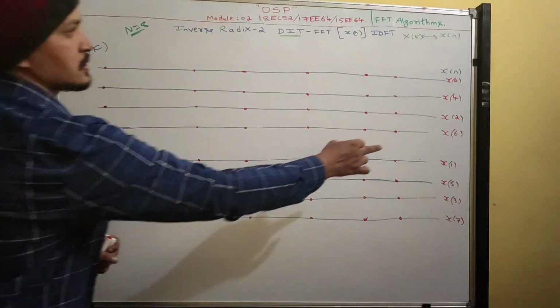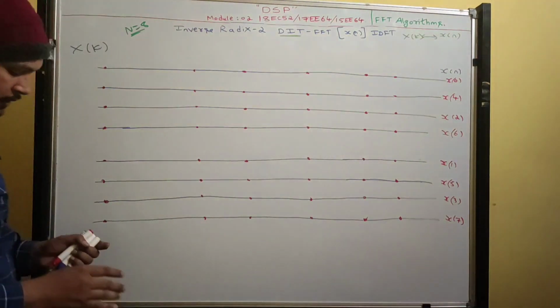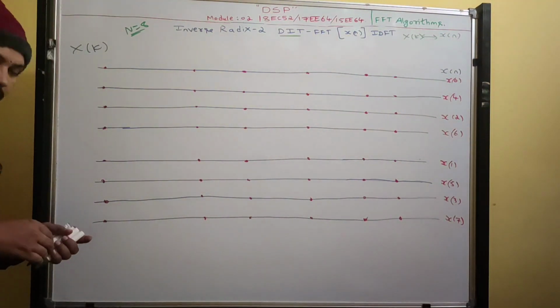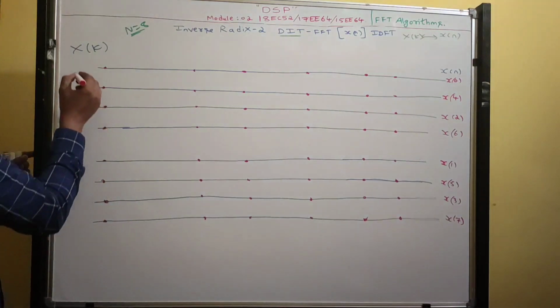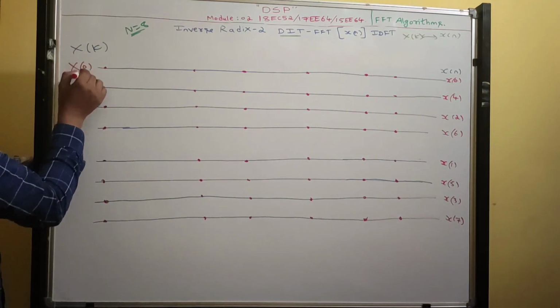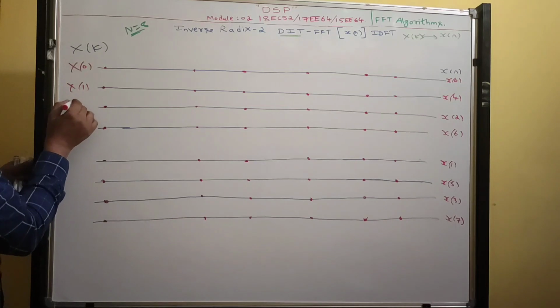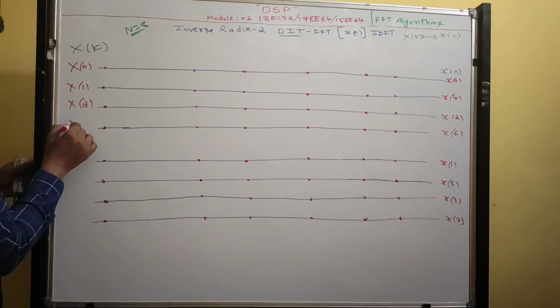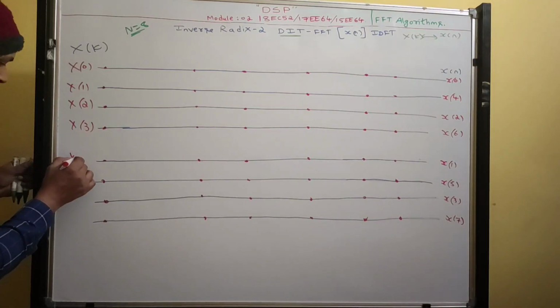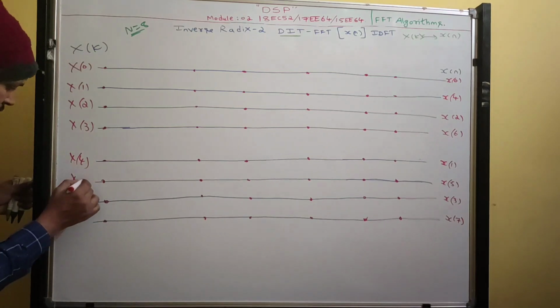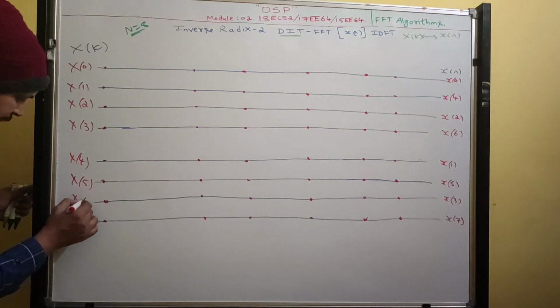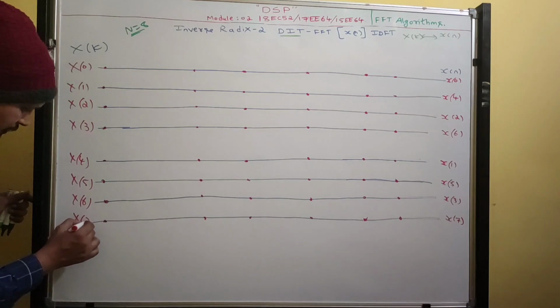That is because of decimation in time. Then what about x of k? It is in normal order. x of 0, x of 1, x of 2, x of 3, x of 4, x of 5, x of 6 and x of 7.